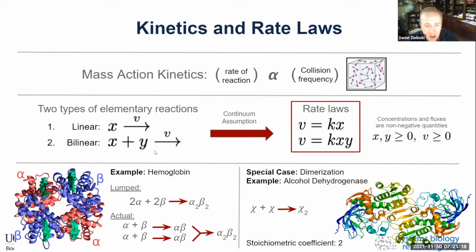For a bilinear reaction, the collision frequency is going to be dependent on both of these metabolites, and so it's the concentrations of the two multiplied by each other. So we end up with these kinds of simple mass action principles, but this extends beyond simple metabolites to the protein level.